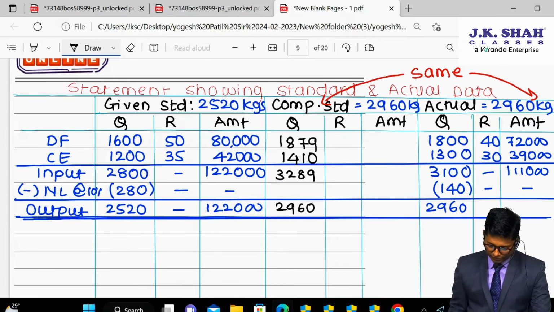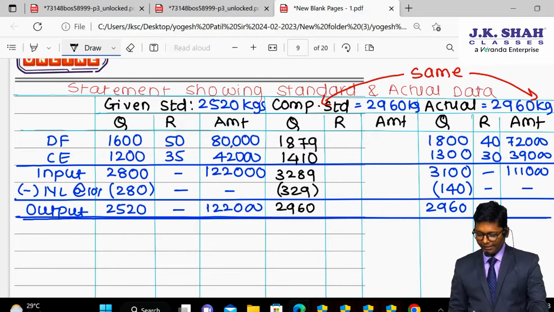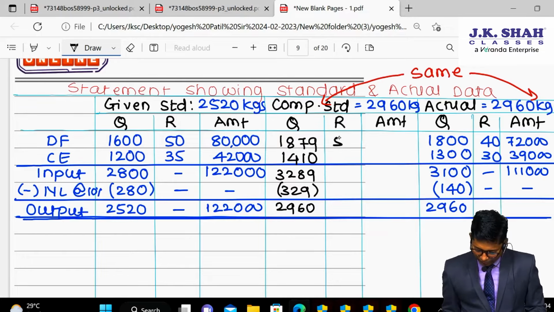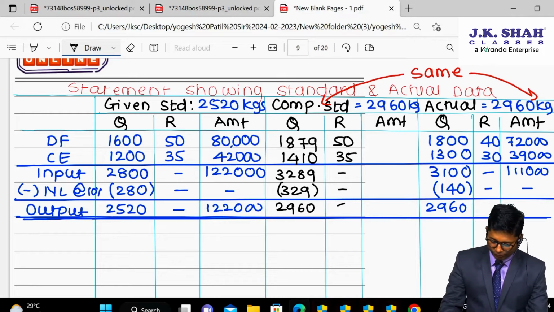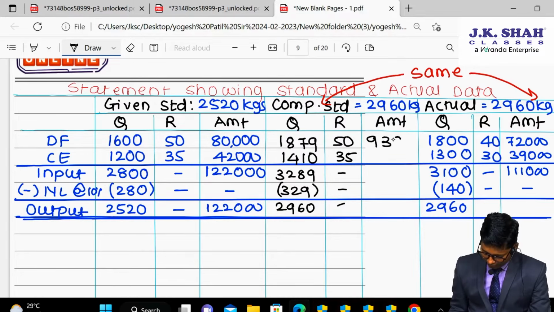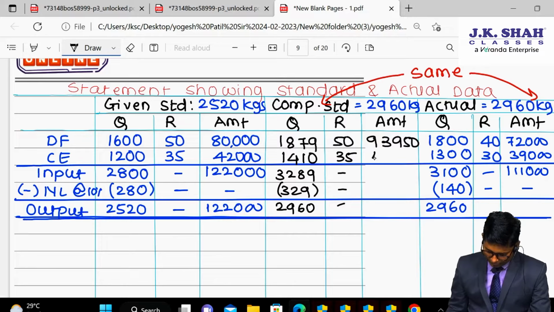Find out the difference. You will be getting 329, exactly 10%, and here is the comparable data available with us. Once this data is available, your per kg per unit price remains constant. You only need to multiply it. 1879 into 50 is 93,950. 1410 into 35 is 49,350.